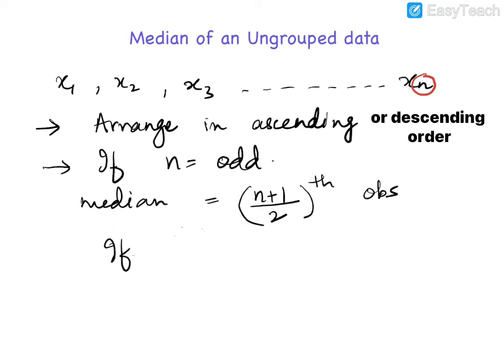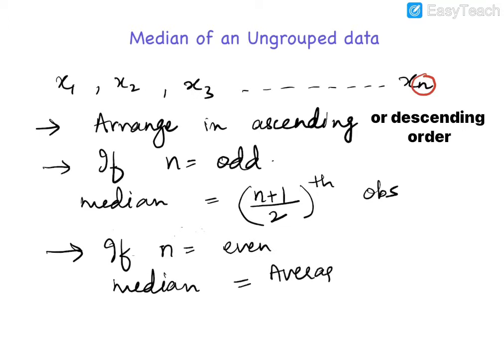And if n is even, for example there are 10 observations, then in that case median of that data is given by the mean or average of n upon 2th observation and n upon 2 plus 1th observation.